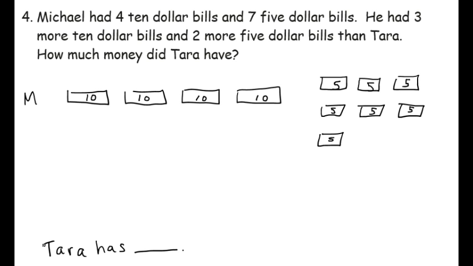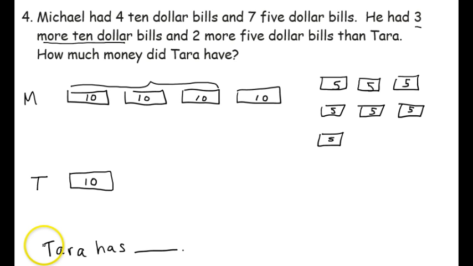Now let's look at how much money Tara has. Well, it says that Michael had 3 more $10 bills than Tara. So here, this represents the more than part. That tells me that Tara had 1 $10 bill. And we also know that Michael had 2 more $5 bills. So we'll say that these two represent the more than part.